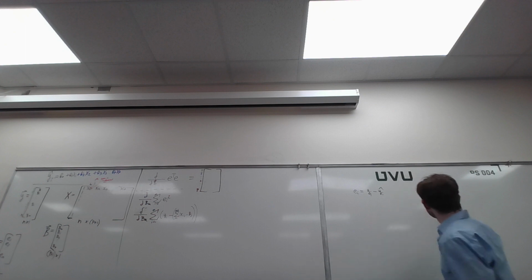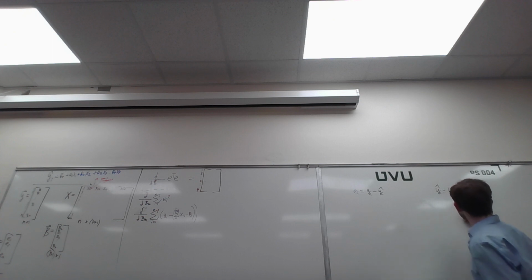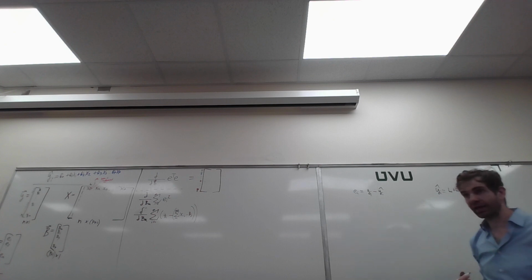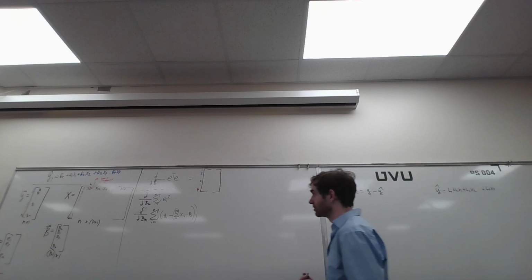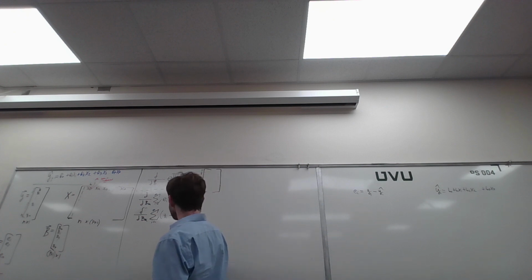Well, what is y_i hat? Y_i hat is quite literally beta naught plus beta 1 x1 plus beta 2 x2 and so on, plus beta p xp. That's what y_i hat is. Agreed?